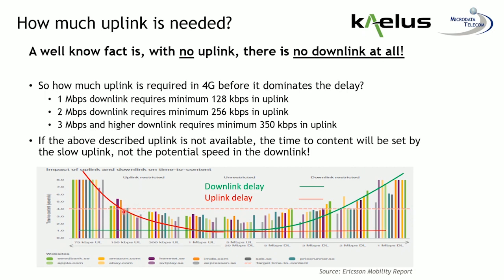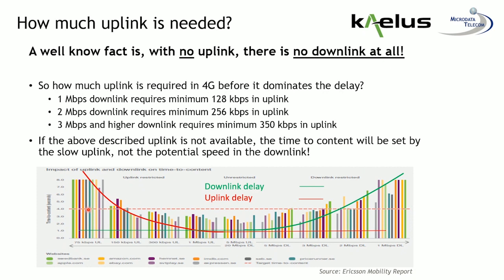So 150 kilobits, well, for some applications, we can say that it's enough, but for most applications, it starts to affect our downlink performance. Going down to 75 kilobits, we can see that every single application is way outside of acceptable performance.